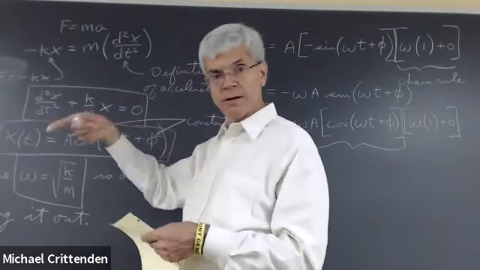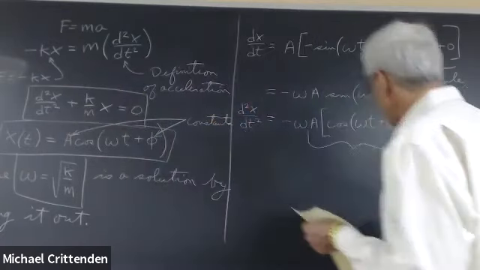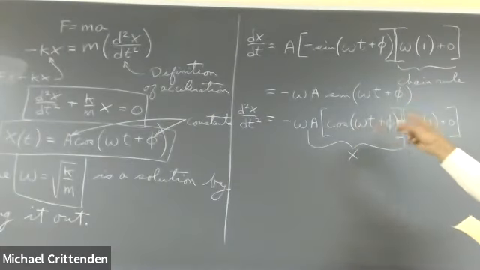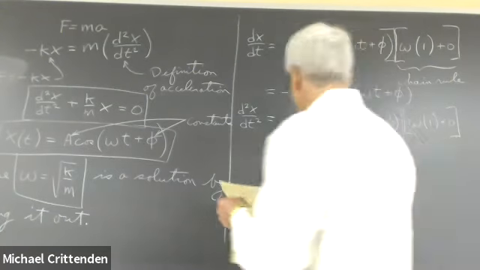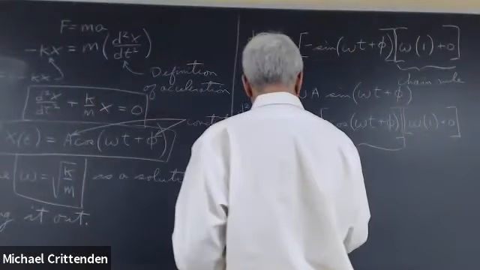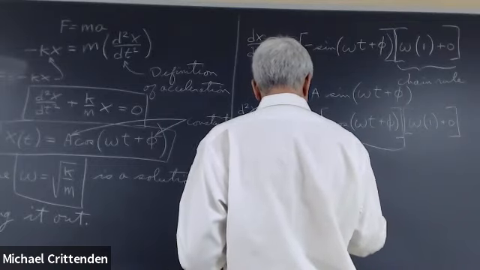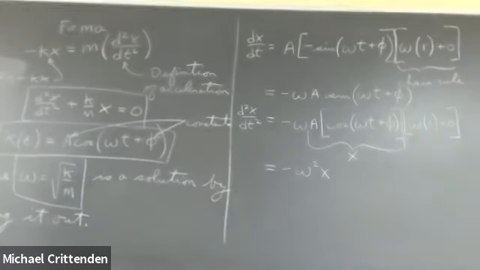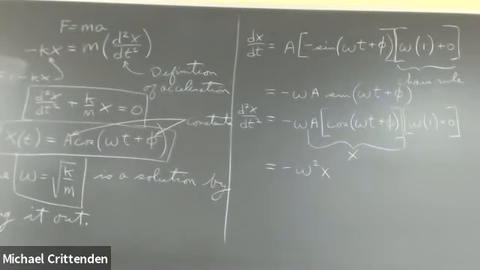We've just kind of gone around in a circle, except for a factor of minus omega squared. So the second derivative of x is minus omega squared times x.